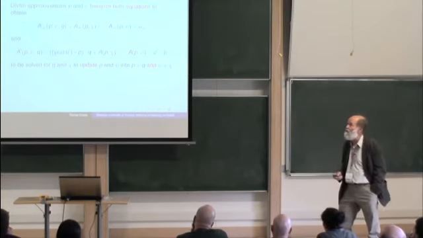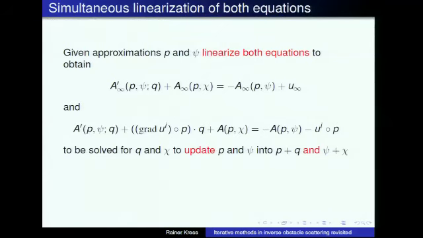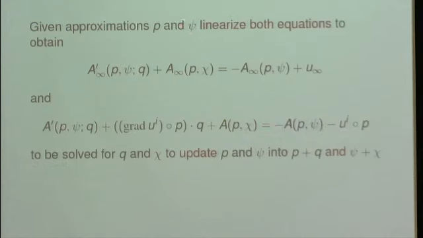We also can think of simultaneous linearization of both equations, neglecting the fact that one of the equations is linear. And when we do this, we have the data equation. We also have the linearization with the perturbation of the psi of the density, and we differentiate also the field equation, and in the field equation we also have to differentiate the right-hand side.